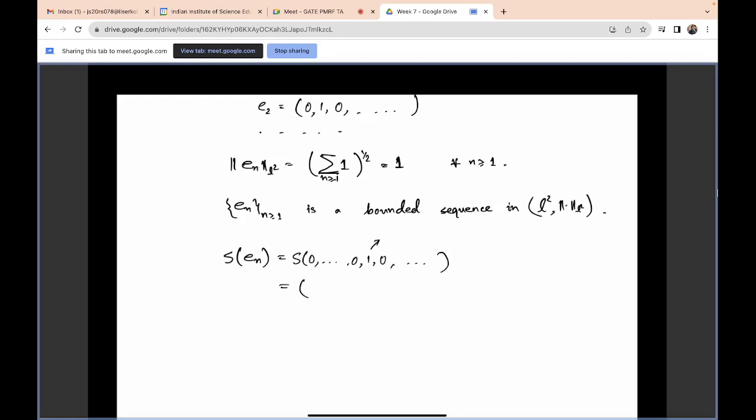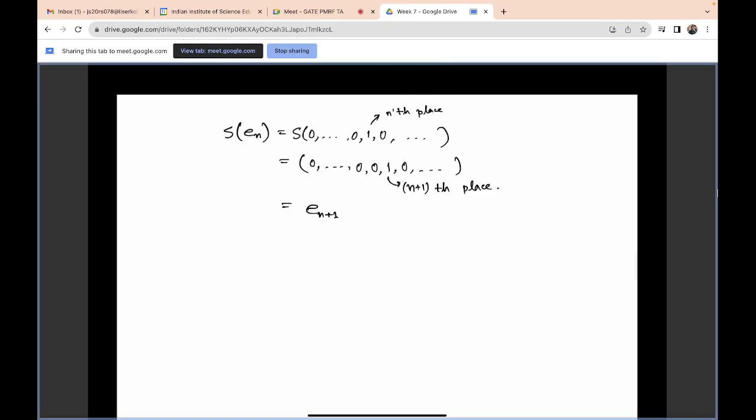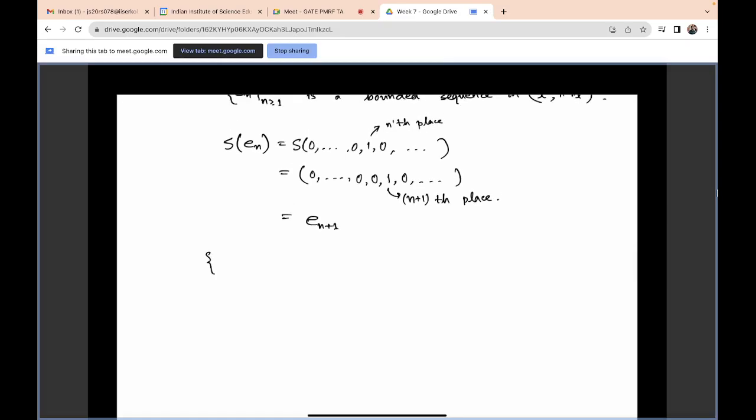Here the 1 is at the nth place, and then it will be at the n plus 1th place. So basically this is En plus 1. So S takes En to En plus 1. Therefore for S of En, you have to check whether this, for n greater than or equal to 1, which is En plus 1, has a convergent subsequence or not.